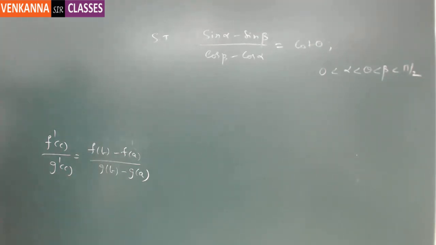So if you have seen this immediately, if you talk of trigonometric properties, it is somewhat difficult to assume what trigonometric properties you are going to apply here. Apart from this, if you visualize that sine and cos are two different functions which are given in a fraction, since in the numerator the sine function is dominant and in the denominator the cos function is dominant, we have a thought: can we apply Cauchy's mean value theorem there?